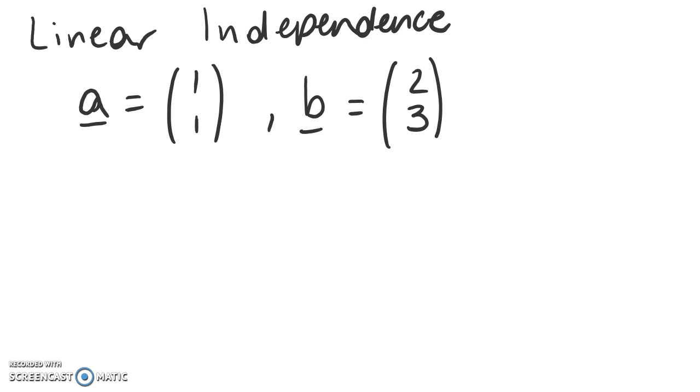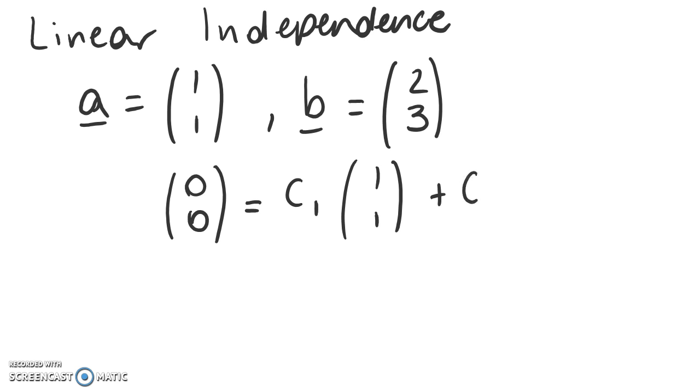Remember, the idea behind linear independence was we want this 0 vector, (0, 0), to be made up of a linear combination of the vectors in our set here. So here that's the vectors A and B. So we want to try and make (0, 0) out of C1A plus C2B.